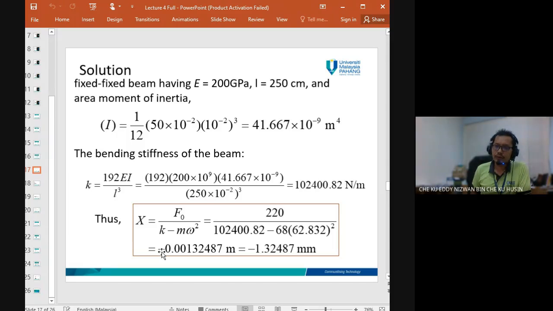If the force is applied upward, the mass will move downward. So it is the opposite direction, meaning that for this case, the excitation frequency is greater than the natural frequency.